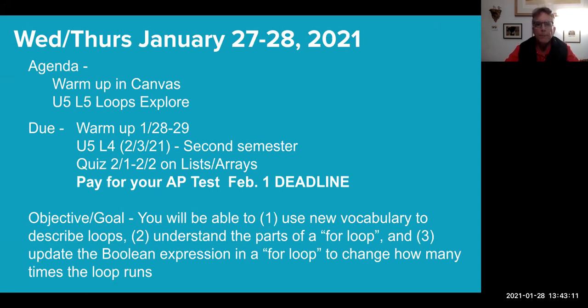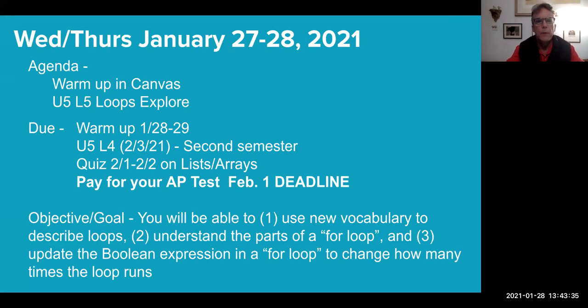So there's a warm-up in Canvas. We are looking at U5L5 Loops Explore. I'm hoping everyone has a grid and some dots and a pointer. And if you don't, there is a digital one. We'll go over this when we get to it.